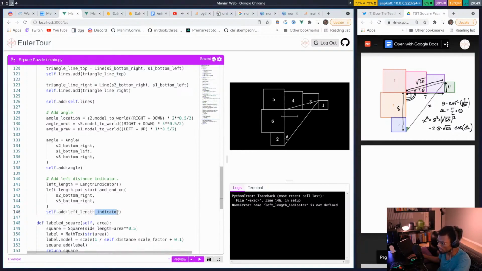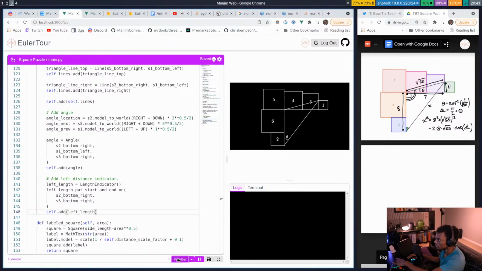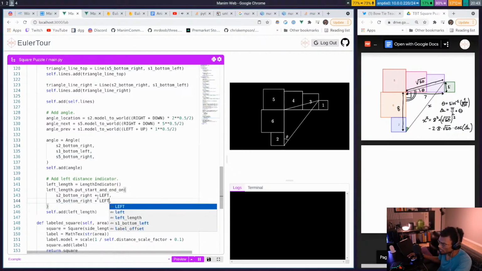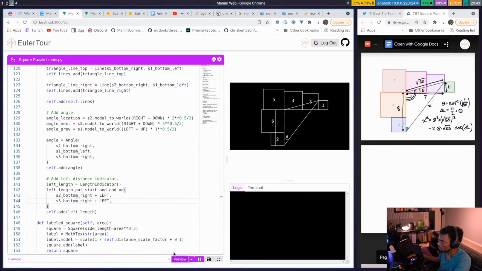Now left length. Wait, how long was that error there? Okay, I guess it was fine. Plus left. And here also plus left. Left times less than that.